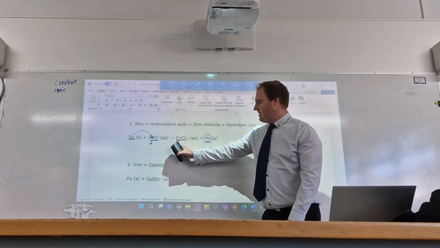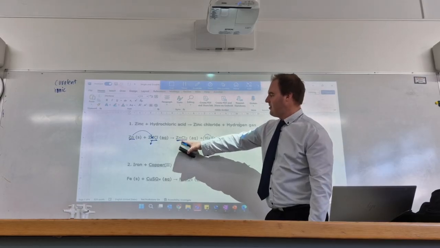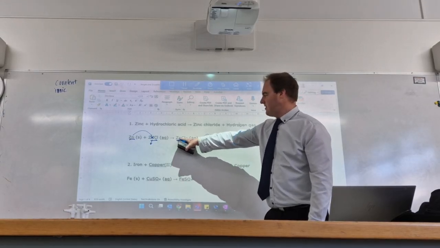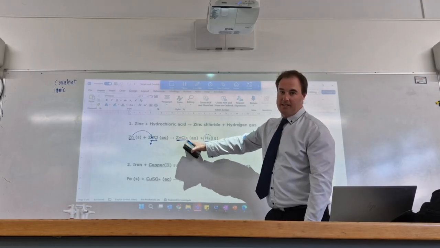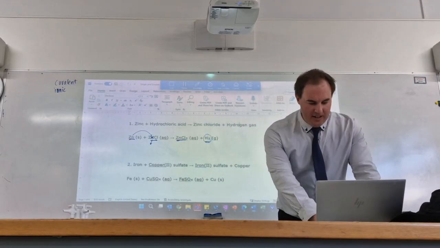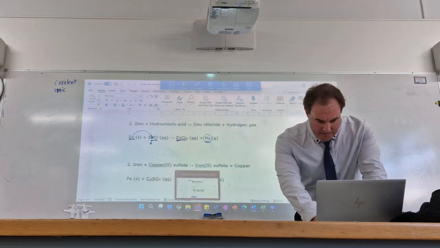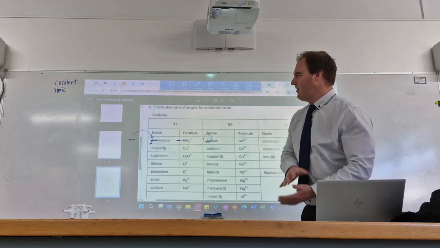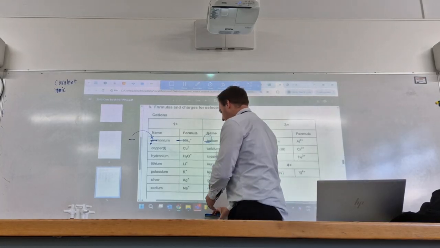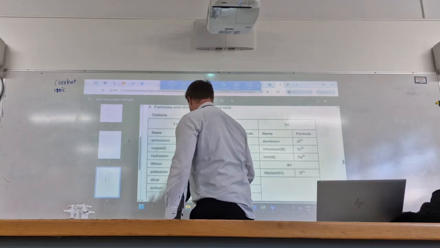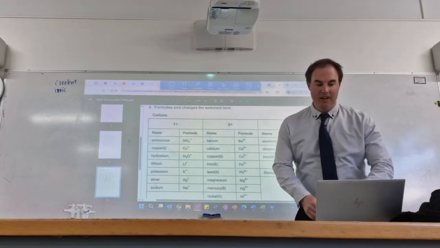So my question is, how did we know to write it as ZnCl2 instead of just ZnCl? Why is it Cl2? The answer is, you can get this table here. In chemistry exams, you get a data booklet, and that actually has a lot of information that you can use. And one of those bits of information is this.